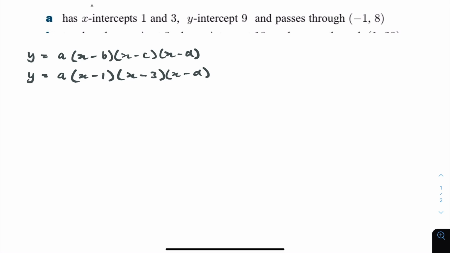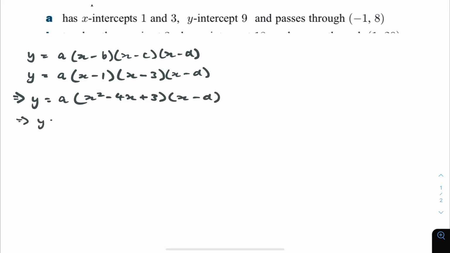The first thing we should do is expand this so we can see how to group terms. I'm going to start off by expanding this part over here. That gives you x squared minus 4x plus 3, multiplied by x minus d.